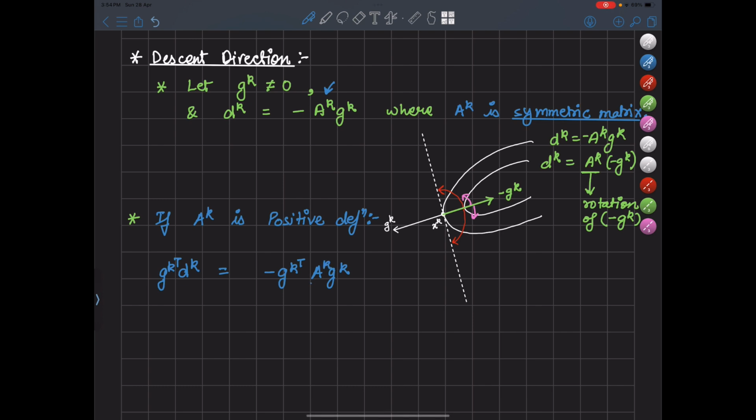Because AK is positive definite, this boxed value is always positive, and we apply a negative sign, so the whole thing is always negative, and DK is a descent direction.